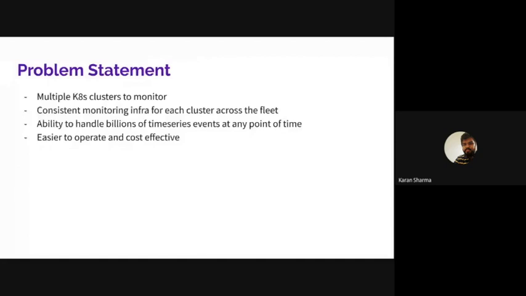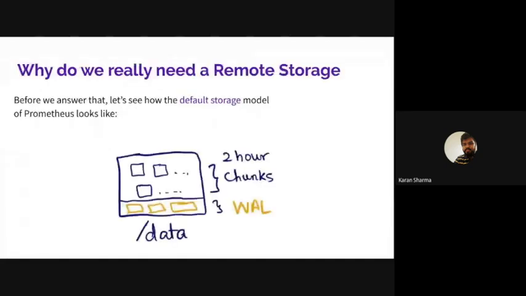So before jumping to remote storage, first let's talk about what the default storage model of Prometheus is. Prometheus stores data on a single file disk, divided into two parts.